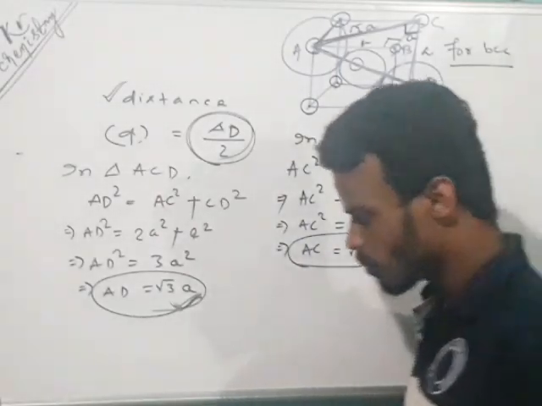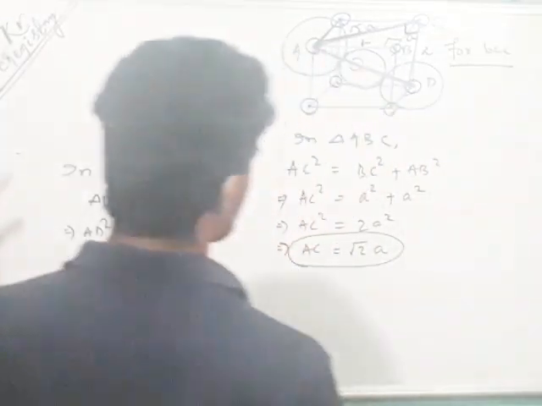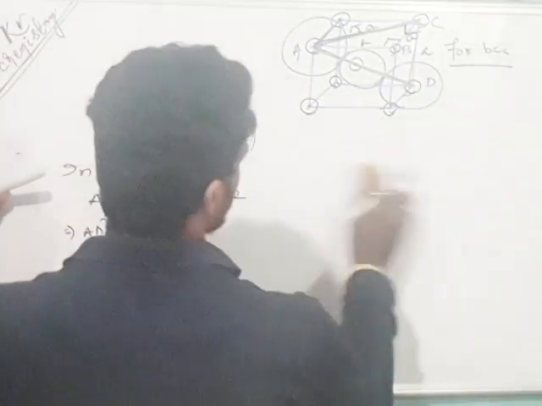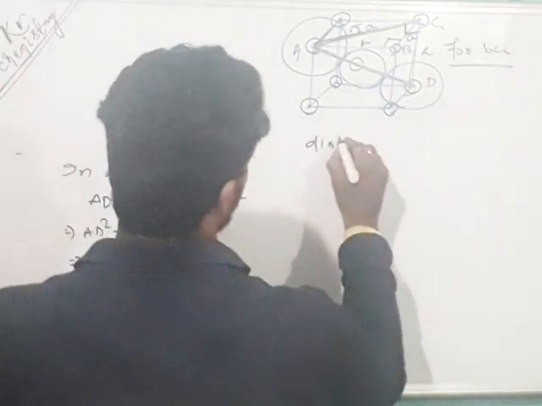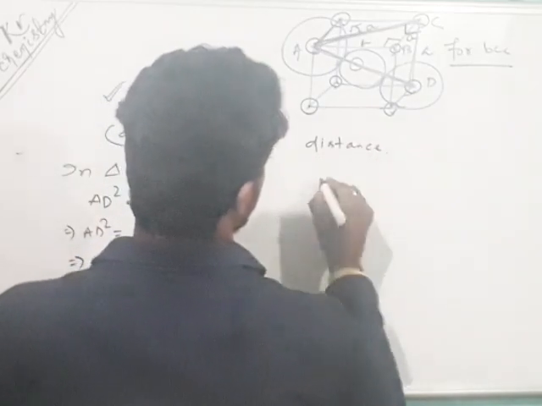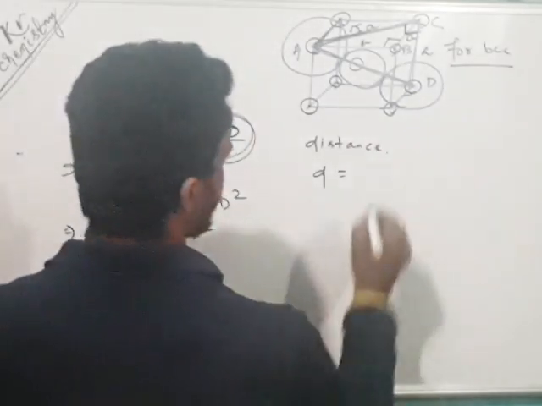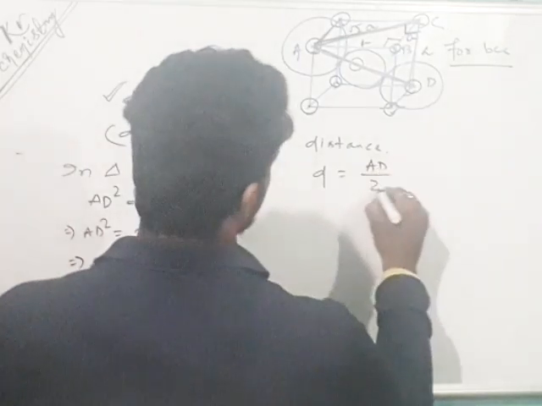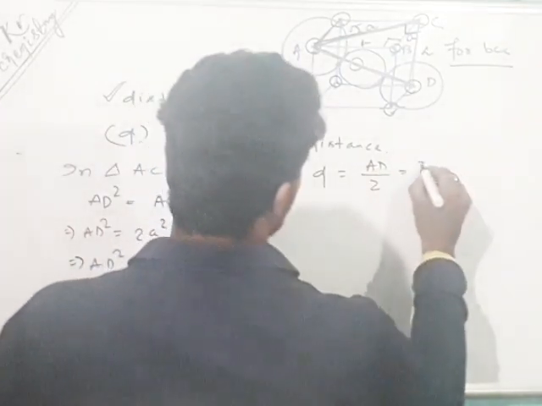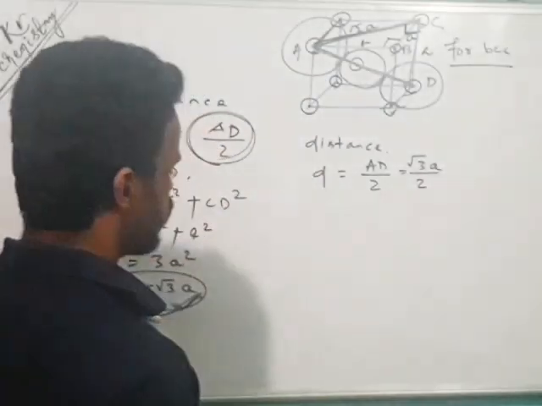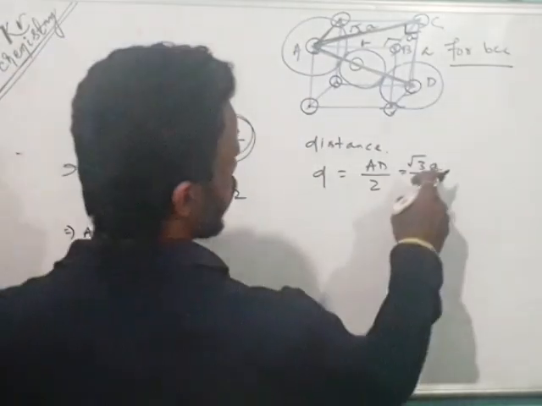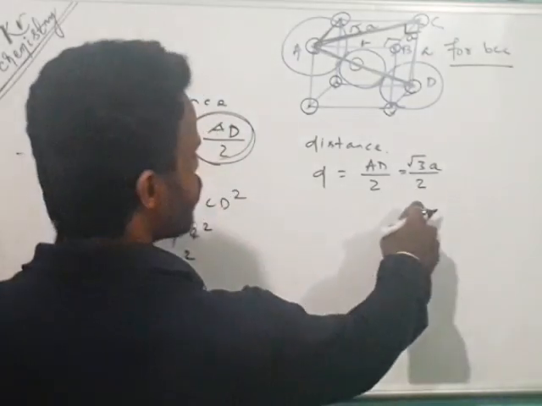So the distance d is equal to AD by 2, that is root 3A divided by 2.